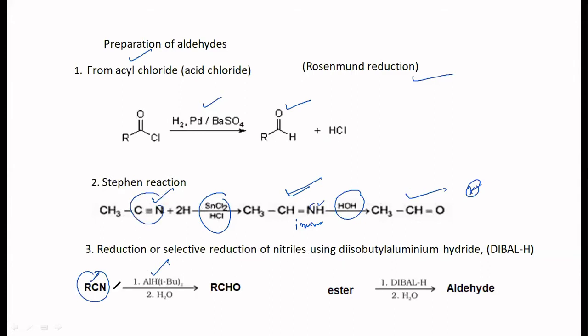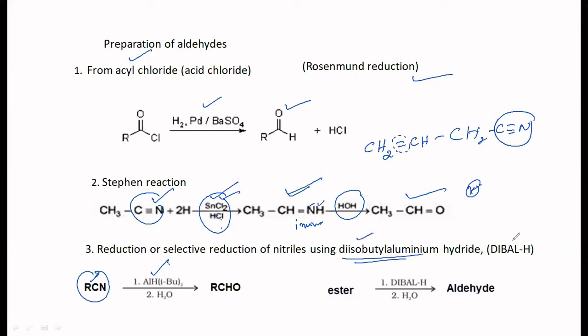If you use Sn and HCl, even supposing the compound has a double bond, say CH2=CH-CH2-C≡N, there is every chance that the double bond also will be reduced, so the double bond will not be there in the product. But if you want the double bond to be there in the product, if you simply want to reduce the cyanide group, then you are supposed to use diisobutyl aluminium hydride.